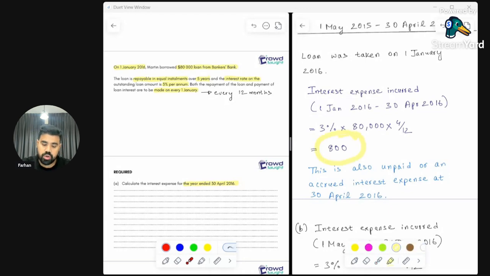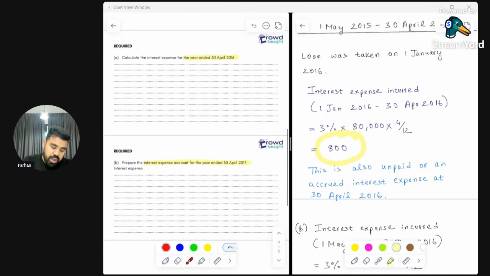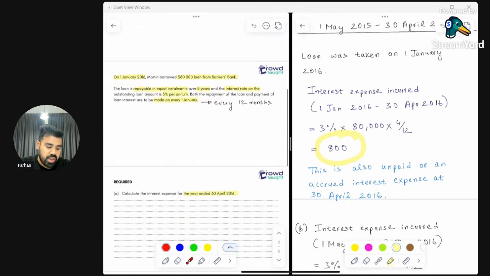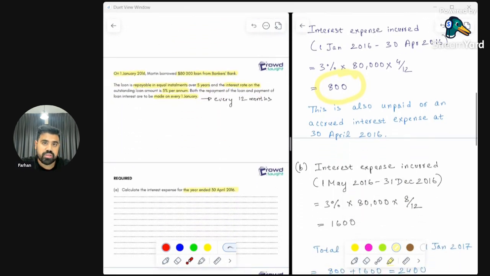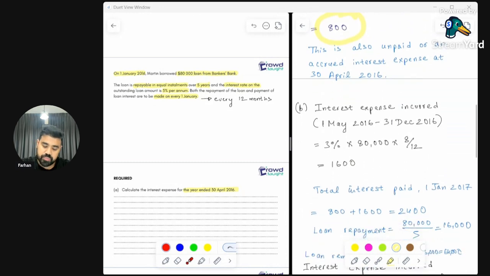All right? Okay. So let's see the second requirement of the question, which is to prepare the interest expense account for the year ended 30 April 2017. Okay. So we now have to prepare the interest expense account for the next financial year ending 30 April 2017, which means we first want to calculate the interest expense for multiple time frames, because we know that in this new financial year, we would have made a loan payment and also an interest payment.